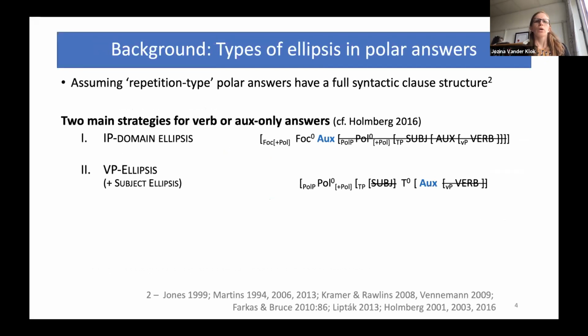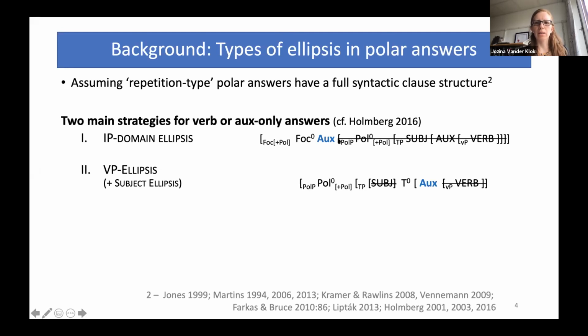Okay, so I assume that the repetition type polar answers have a full underlying syntactic clause structure. And in Holmberg's 2016 book, using a cross-linguistic survey of over 100 languages, he identifies two main strategies for verb or auxiliary only answers. What I'm going to call them is IP domain ellipsis as one type, and VP ellipsis plus subject ellipsis or pro drop.